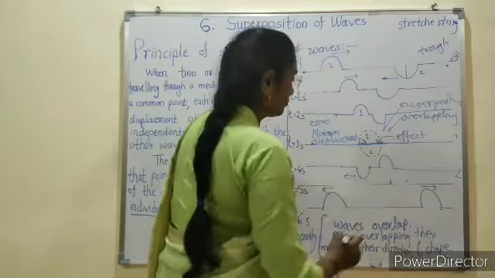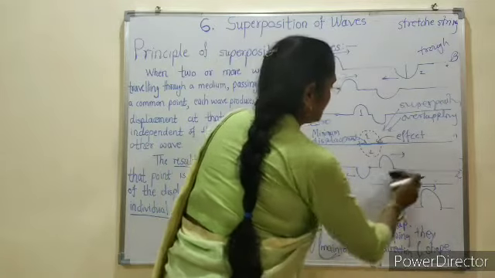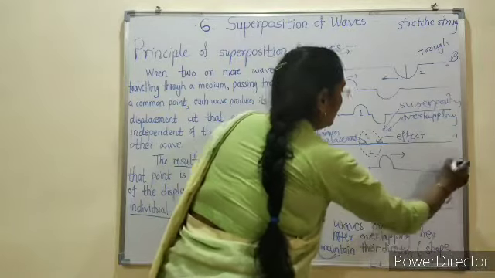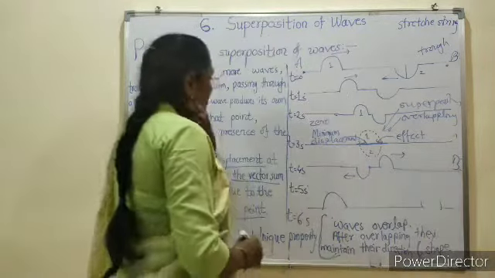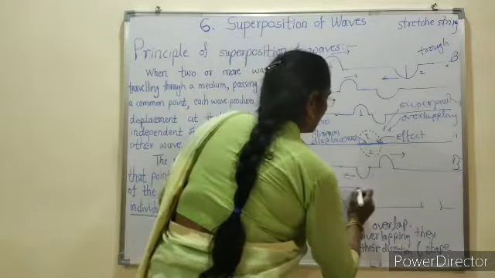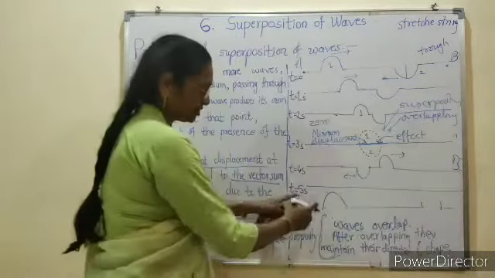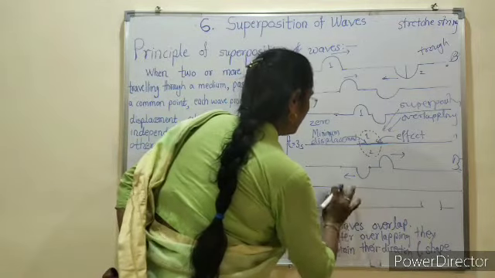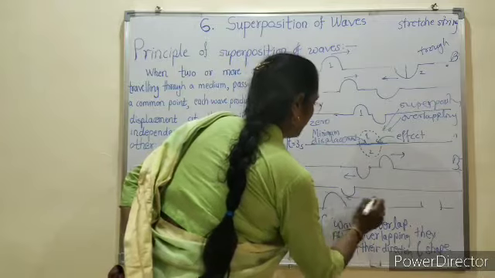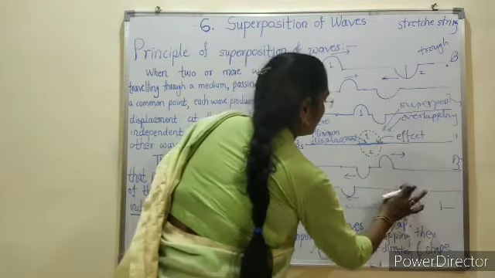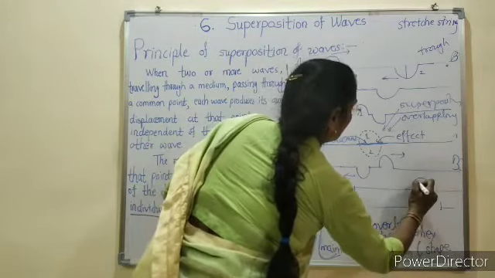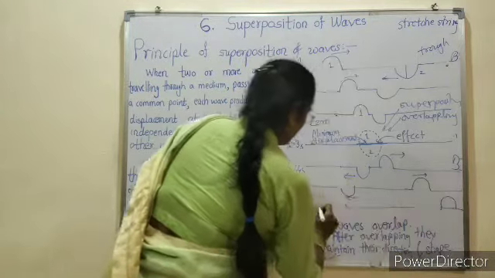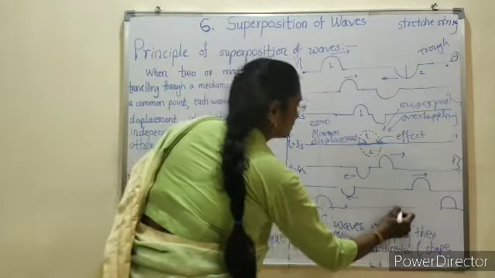So the trough is traveling towards A, and the crest is traveling towards B, like this. At an instant of, say, 5 seconds, the trough is traveling like this, and the crest is traveling towards A and B, and they are separately traveling like this.